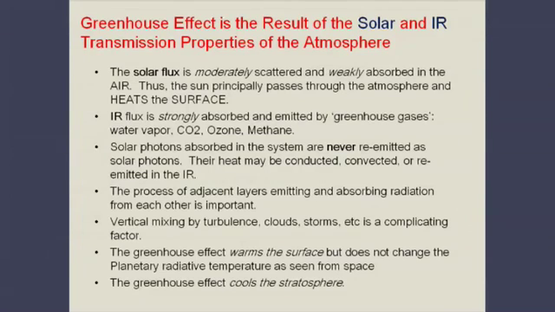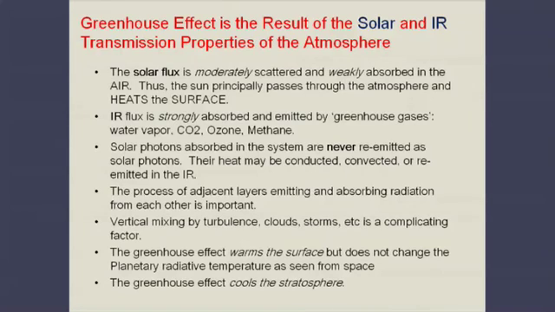Now here are some little factoids about the whole business. The solar flux is moderately scattered and weakly absorbed in the air. So air doesn't absorb solar radiation very effectively. It kind of scatters, but not that great. So when you go out on a sunny day, it's hot.